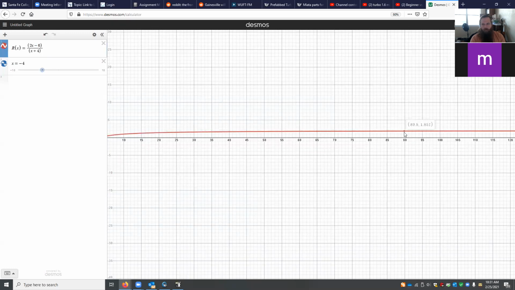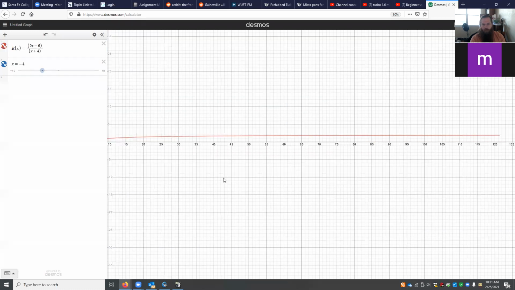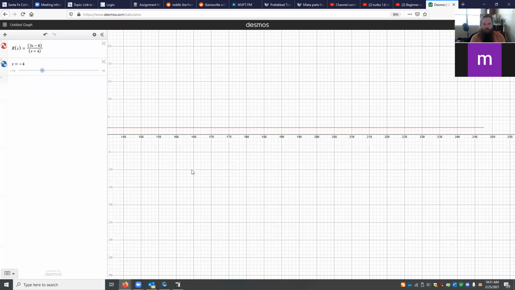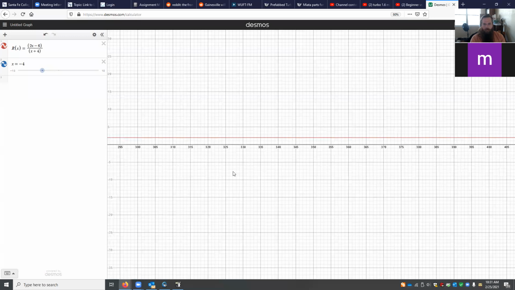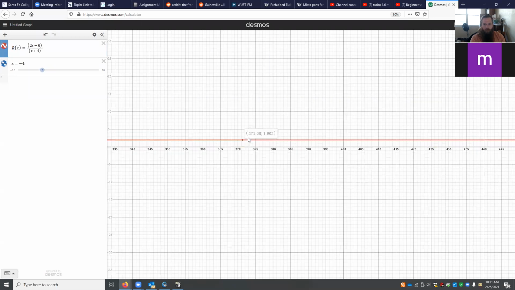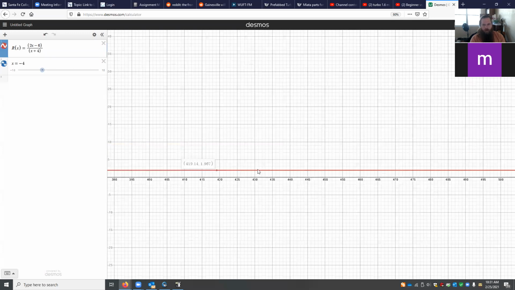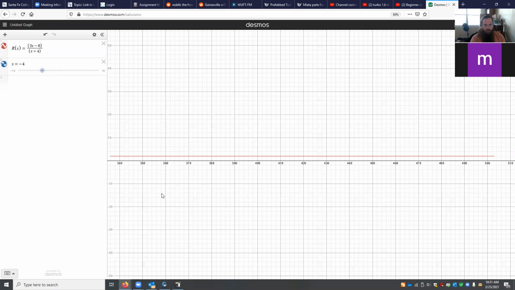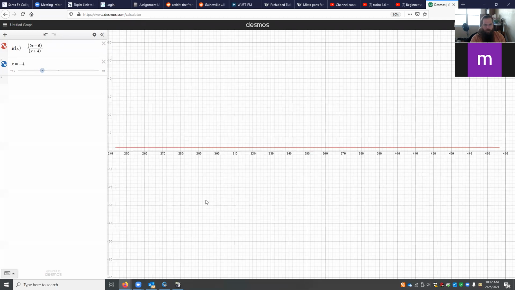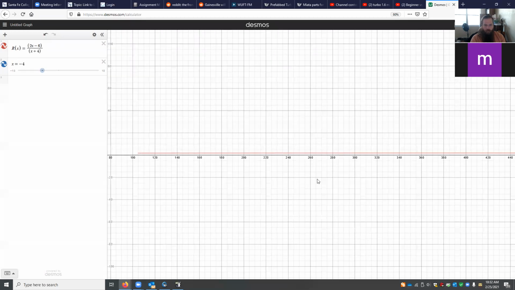You guys see this? As I go further and further to the right, this function isn't going up. It's not running off to infinity. It's getting closer and closer to 2. Yeah, 1.8, 1.9, 1.97. If we zoom way out, it starts to look like a horizontal line.